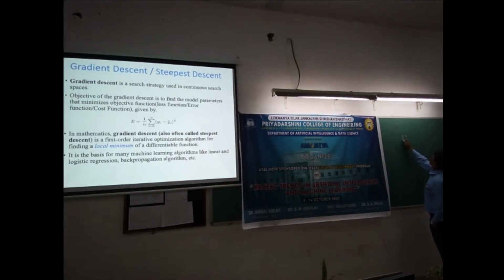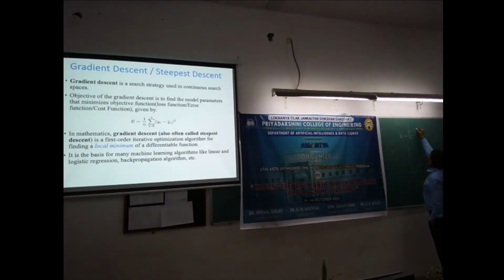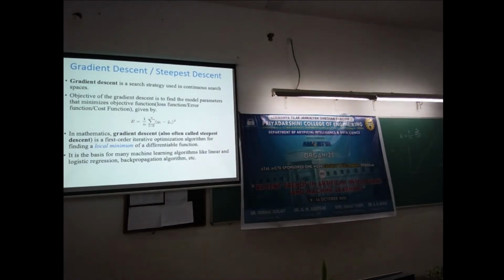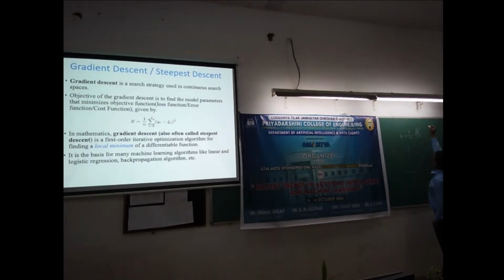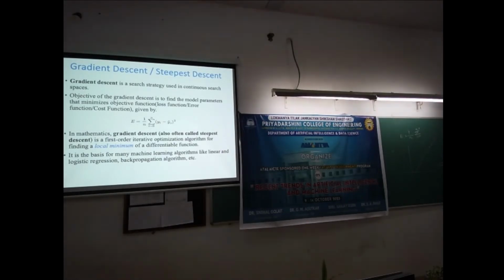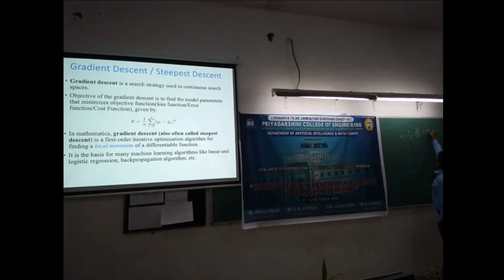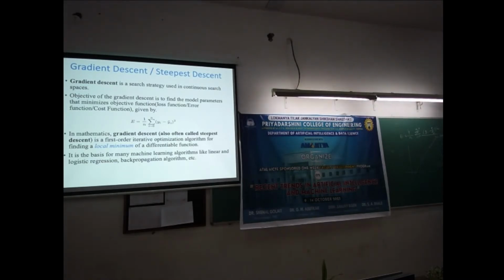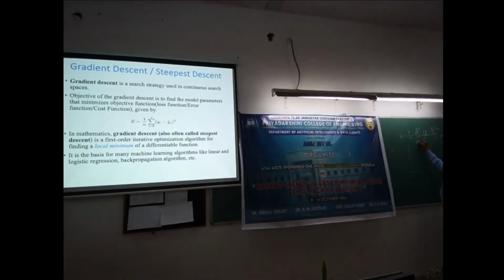The error is equal to 1 by n, because it is the average, so it is 1 by n, summation i equal to 0 to n minus 1, because there are n training instances, of yi minus yi cap whole square. Now this yi cap is the predicted value, and yi is the actual value.